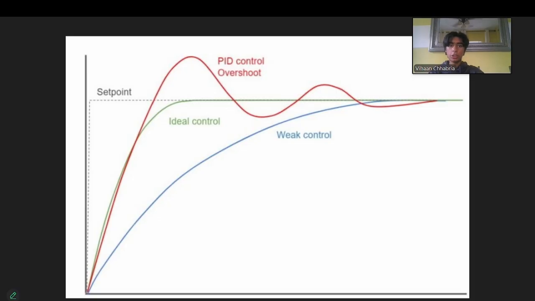That means that our change is 60 minus 0, and that is times the constant.